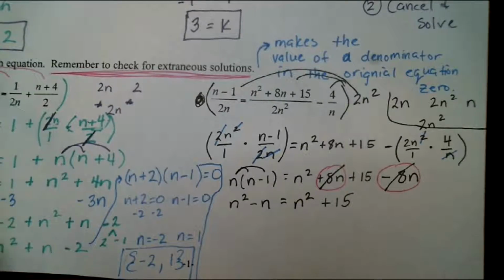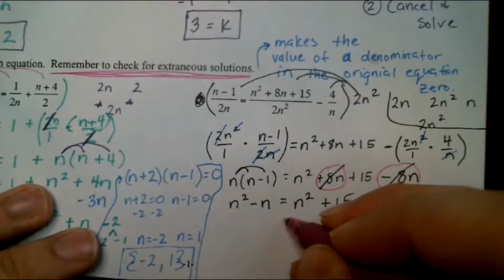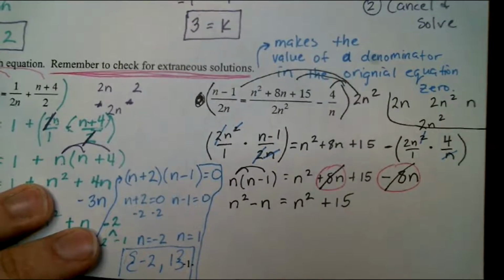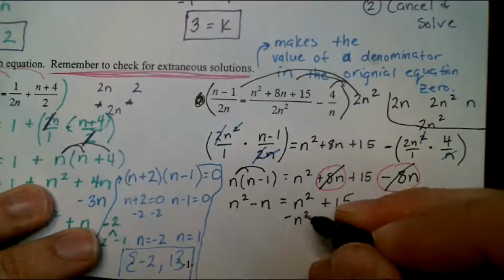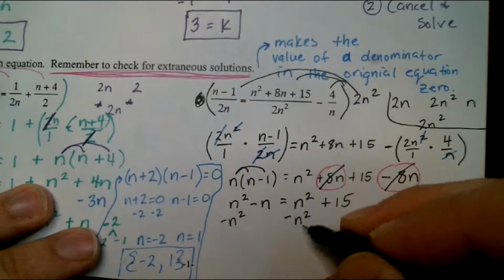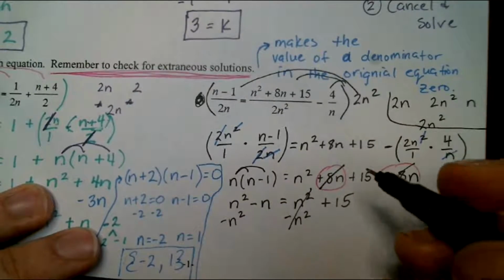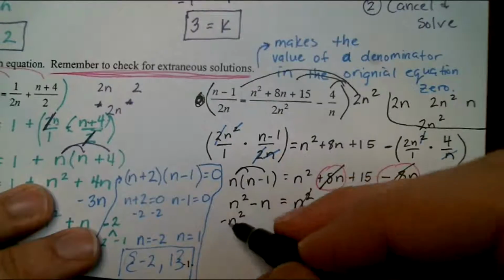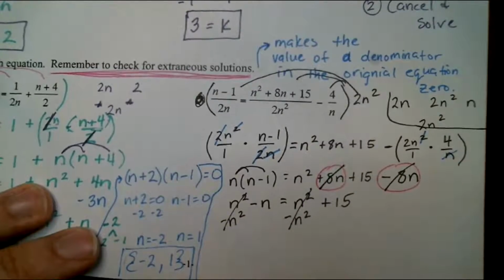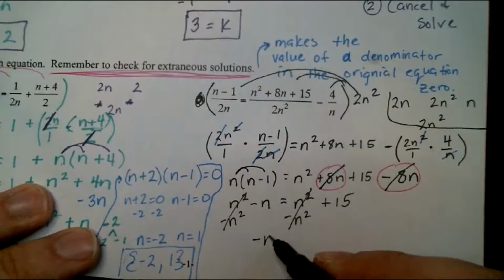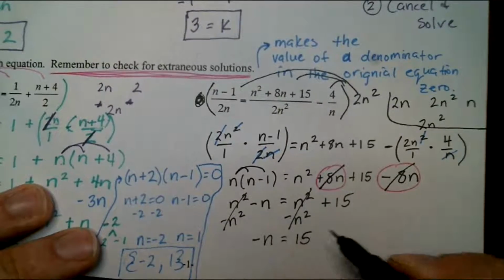So then from here, I'll subtract n squared from both sides. That cancels. And n squared minus n squared actually cancels as well. And then I have negative n equals 15.